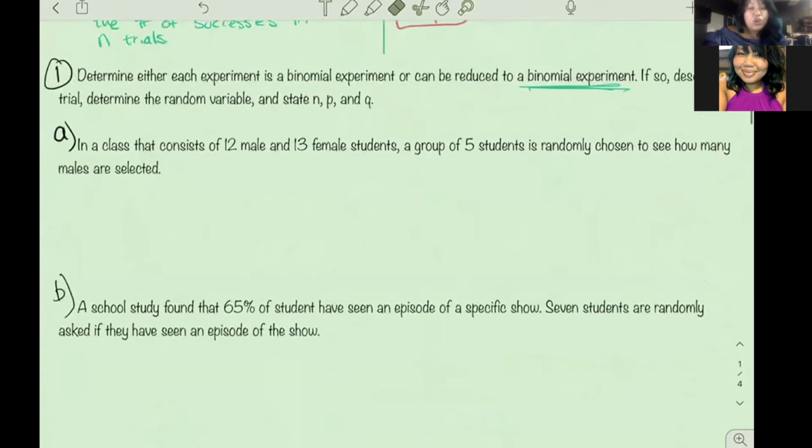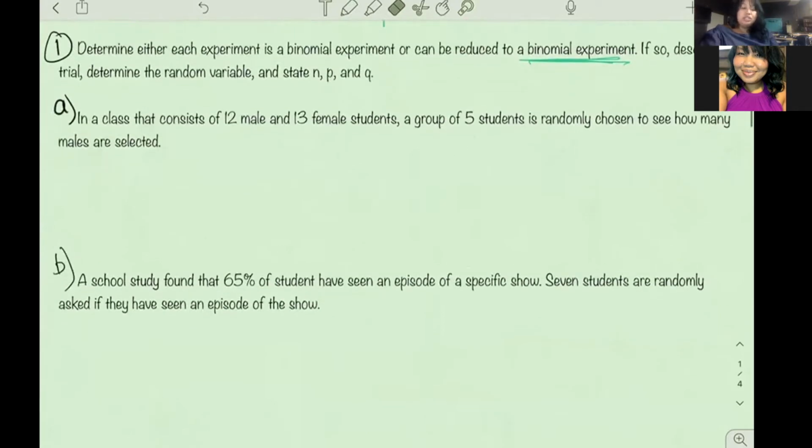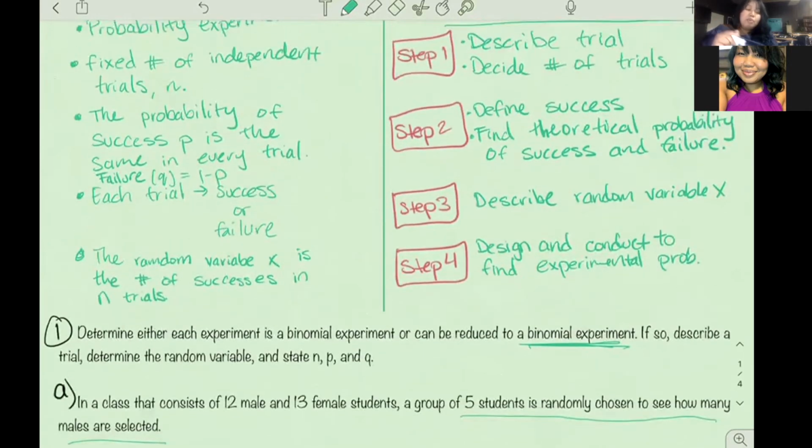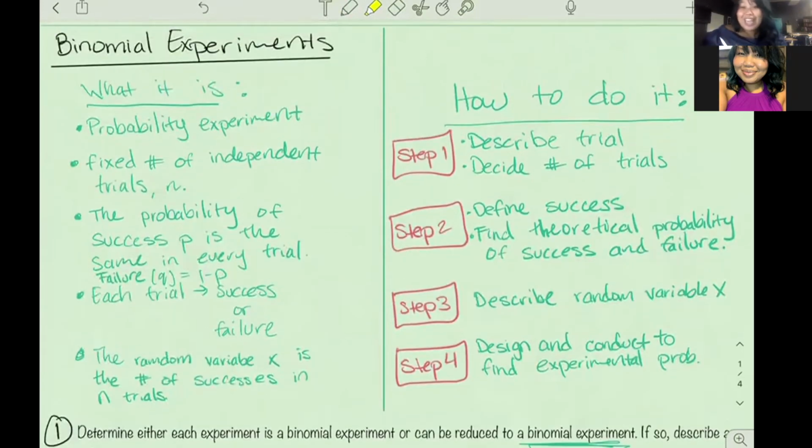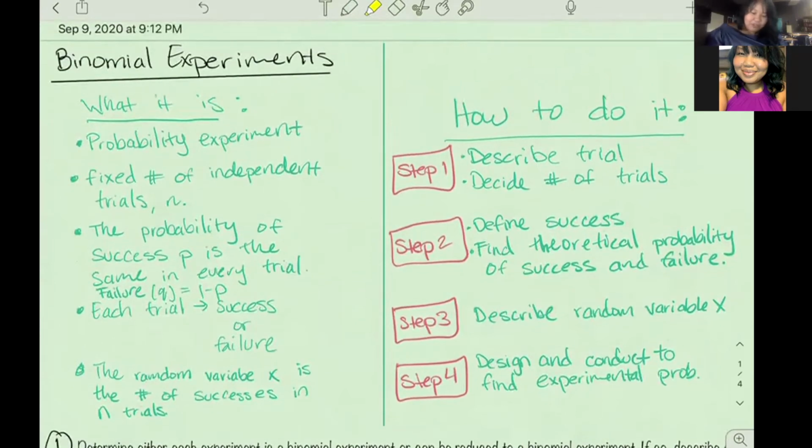So you could do the successes. So let's say, okay, but you're saying, Ms. P, we could just write it as, well, 5 students are randomly chosen to see how many males are selected. So each one is it male, yes or no? That's correct. But please pay attention to this other part, because it's not always going to be handed to you, because you are now in that upperclassman phase.